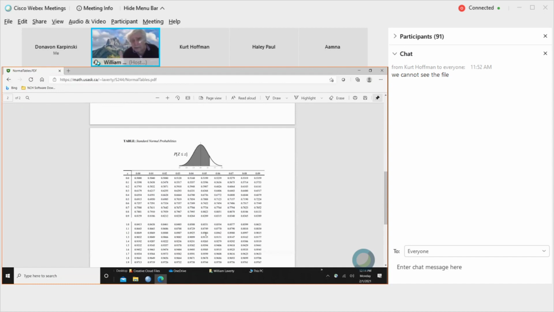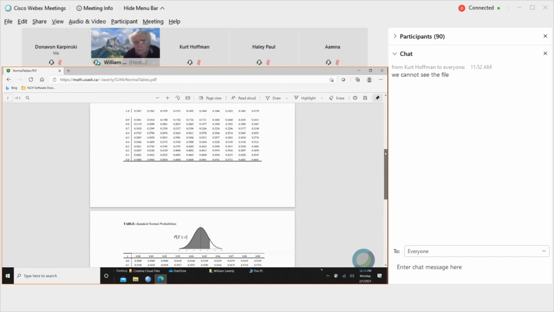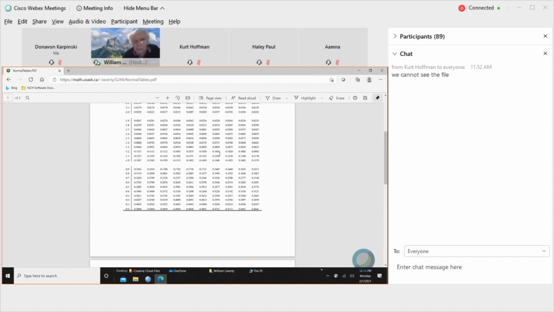So that's the area below 1.2. And suppose we wanted the area between minus 1.2 and plus 1.2, I'd have to go up to here and get minus 1.2. That number I'd subtract from the other number. All right, I see. Thank you.